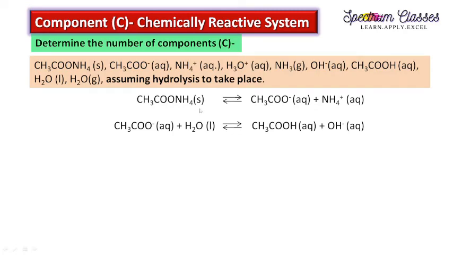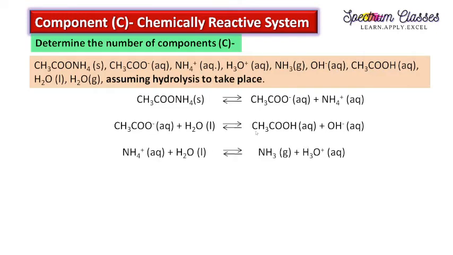Here ammonium acetate solid dissociates as acetate ion aqueous and ammonium ion aqueous. This acetate ion on hydrolysis, or on reaction with water, forms acetic acid, which is one of the species given here, and OH minus, right? So OH minus is again given.